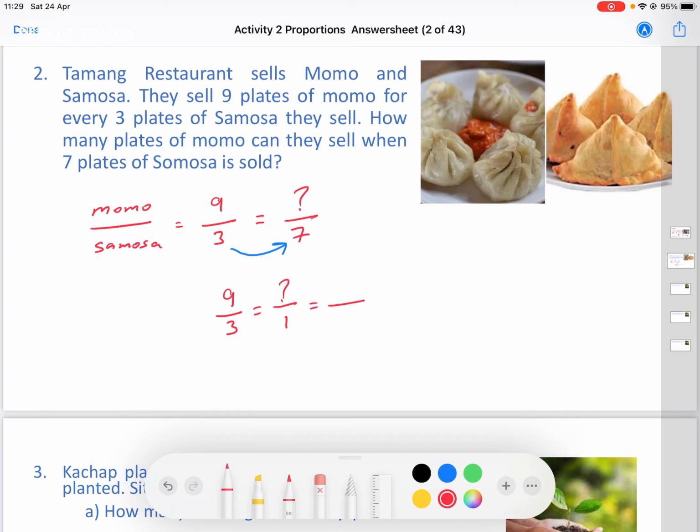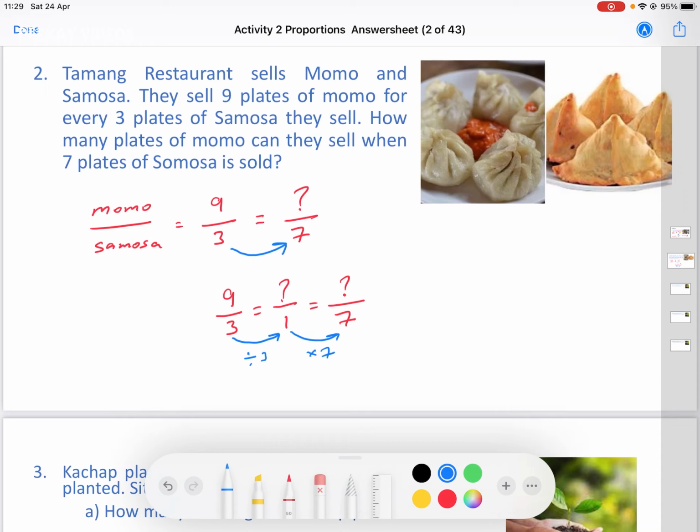Then using that we'll find out for 7 plates of samosa how much momo is sold. So we see that from 3 to 1 we can go using the scale factor divide by 3, and 1 to 7 we can go using the scale factor times 7.